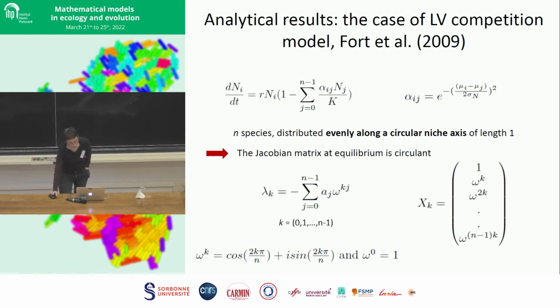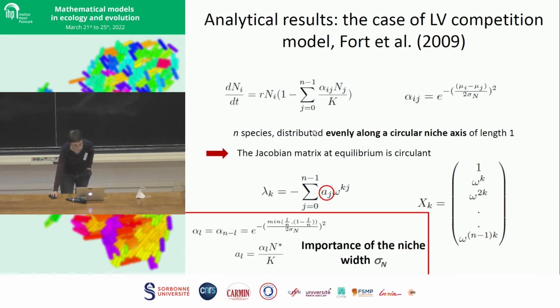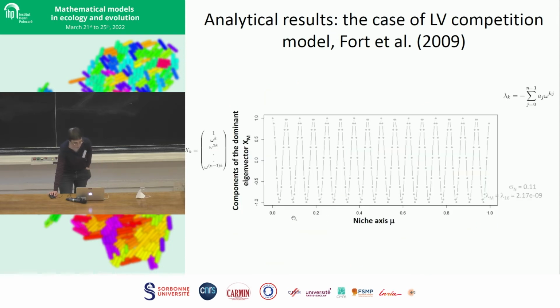Okay, and what is quite interesting is that the eigenvalues strongly depend on the number of species, but also on the niche width. And in fact, you, in a way, find back a bit the results of MacArthur, but in a cluster type of way, meaning that if you have a low niche width, small sigma_n, then you will tend to have many little clusters, because you have many little waves in the components of the dominant eigenvector.